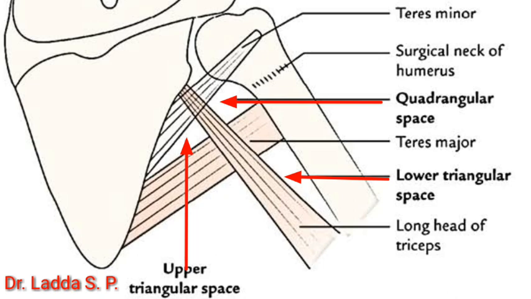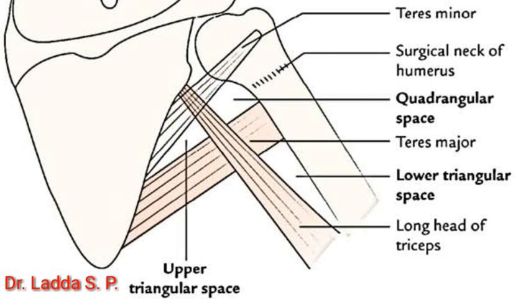Now before proceeding, it is wise to know the direction of the muscles so that it becomes simple to find and study the spaces of the scapular region. If you look carefully, there are two muscles running in a horizontal direction.